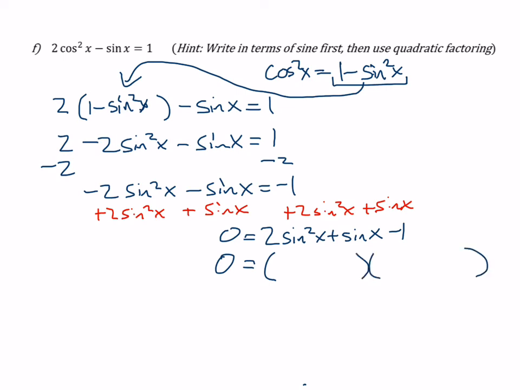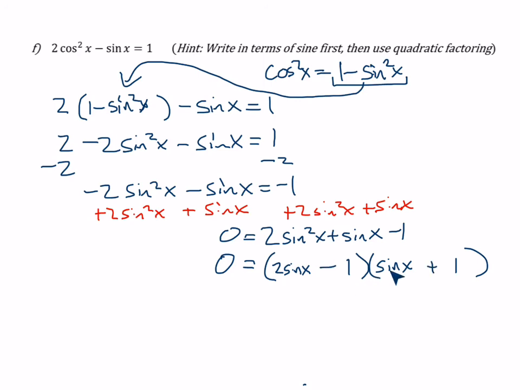We need the first two terms to multiply to 2 sine squared x. Since 2 is a prime number, we know that one of them has to be sine x and one of them has to be 2 sine x. Now we need these two numbers to multiply to negative 1. Well, one of them has to be positive 1, one of them has to be negative 1. Which one is which? Well, we can check.